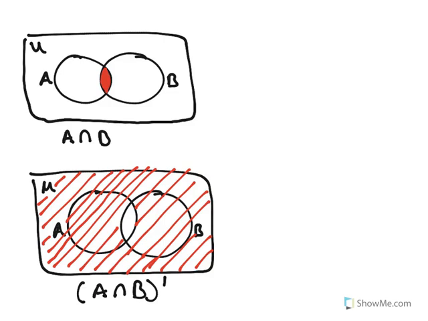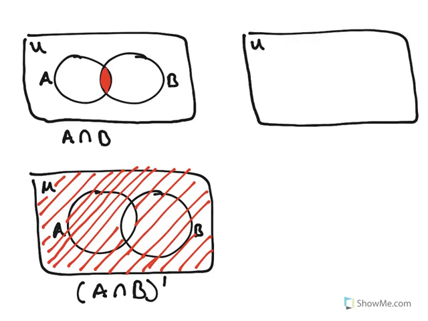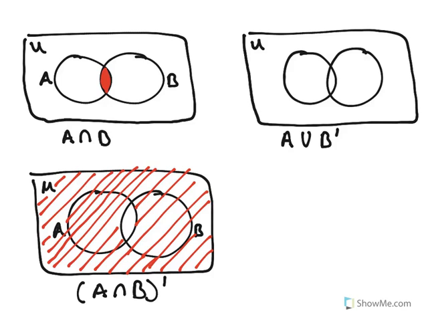So the next thing we're going to do is I want you to shade in the union of A complement B. So what this means is that this is the union.